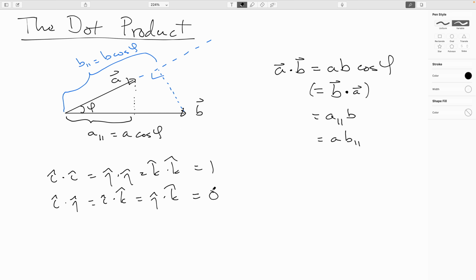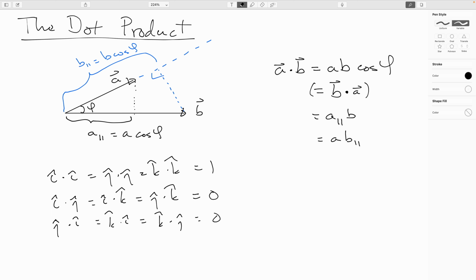Those will all return 0. So I may as well just for completeness say j hat dot i hat equals k hat dot i hat equals k hat dot j hat equals 0. So those are all 9 possible permutations of dotting the unit vectors together.